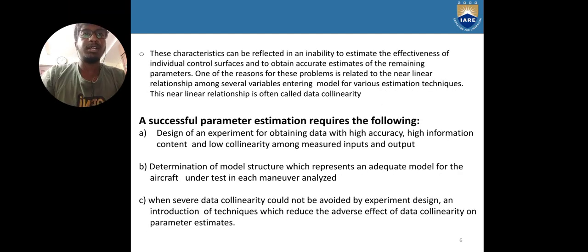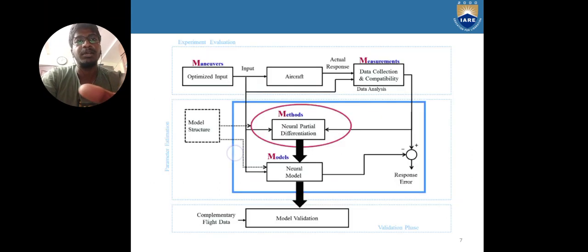A successful parameter estimation requires the following: design of a flight experiment for obtaining data with high accuracy, high information content, and low collinearity among measured inputs and outputs, and determination of a model structure which represents an adequate model for the aircraft under test in each maneuver analyzed. Severe data collinearity could be avoided by experiment design and introduction of techniques which reduce the adverse effect of data collinearity on parameter estimates.